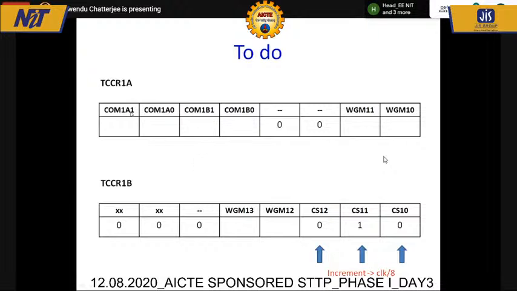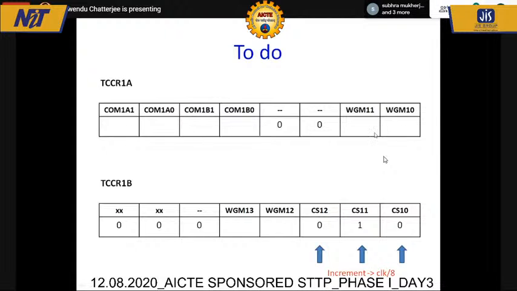Now in your notepad you can note the 2 placeholders of these registers, 8-bit and 8-bit, and it will be required later. First of all, these bits are unknown dashed bits, so just put them 0. These bits are not required by us, so put these bits 0 in the preliminary stage.